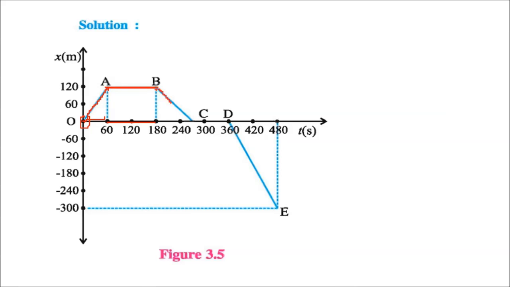Now he comes back to 0 again. This is the 0 line. This is the time he has taken from here to here. It is 270, I guess, because it took 90 seconds to come. Then he stayed again for some time, and at this time he starts for his office in the opposite direction.